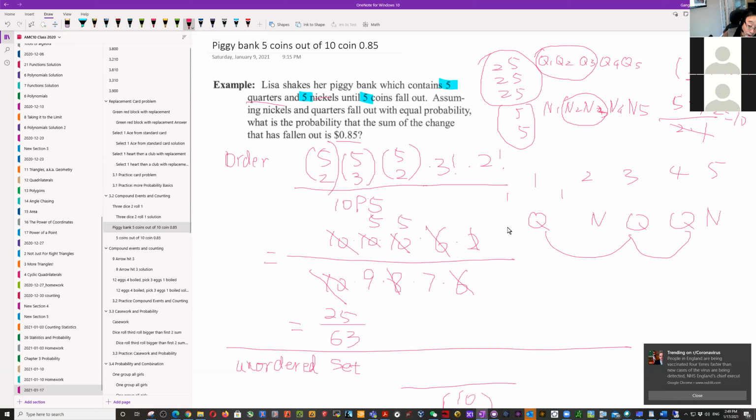Because it's unordered, it doesn't matter where I put the rest, so I don't have to multiply by all the factorials here. It's going to be 5 choose 3 and 5 choose 2. And notice that this is the count of the ordered tuple, and this is the count of the unordered set.